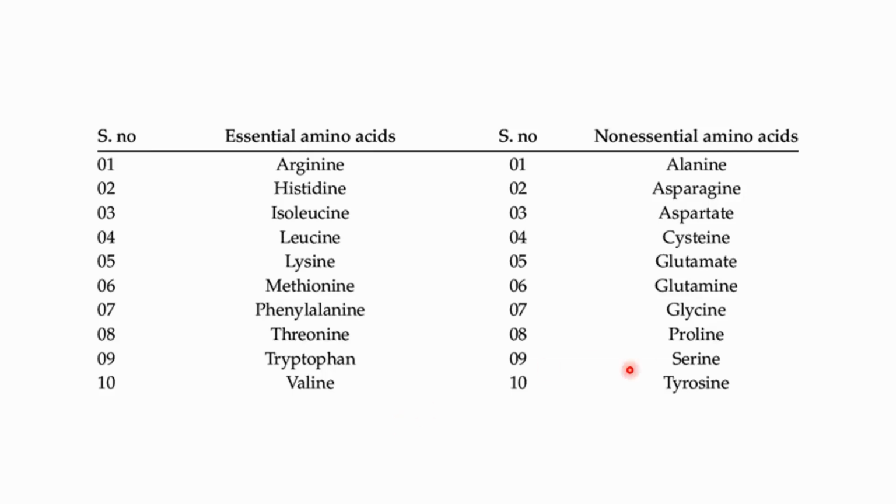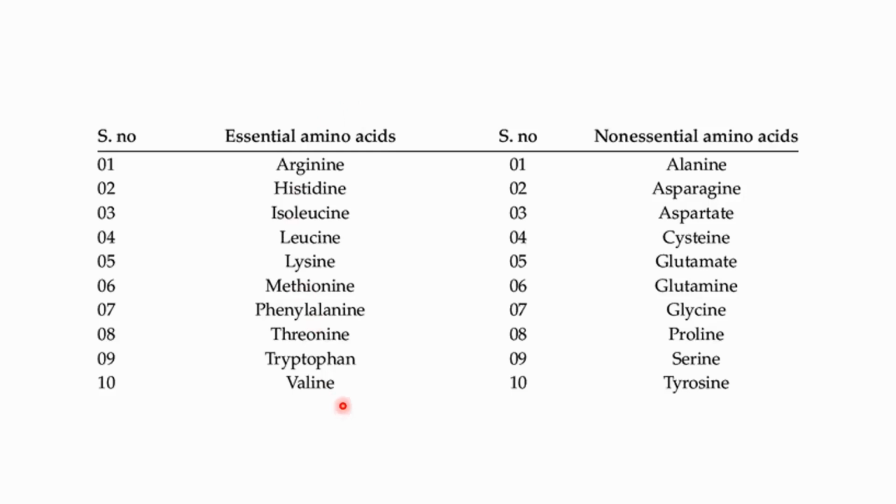While the non-essential amino acids are the ones that our body can synthesize and therefore we do not need them from outside sources. And so this is the actual definition of essential and non-essential amino acids: the amino acids which our body can synthesize are the non-essential amino acids, as we do not need to take them from other sources, while the essential amino acids are the ones that our body cannot synthesize and we need them in our food supplements.